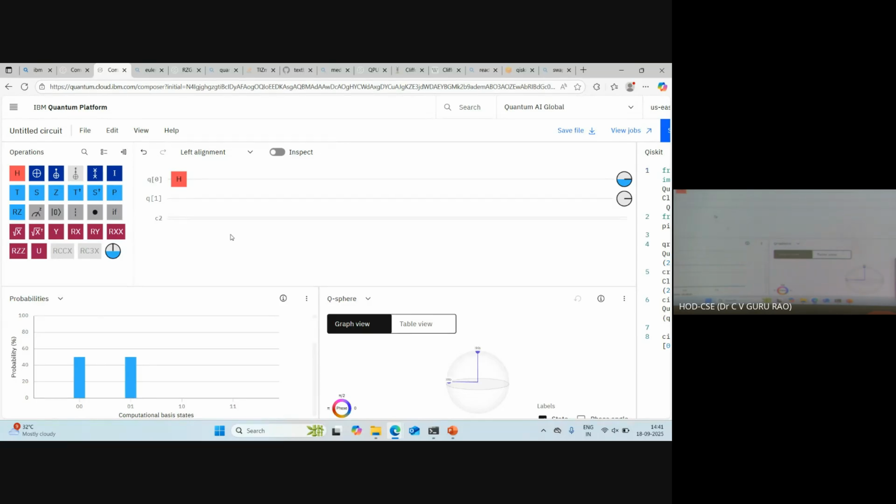Now what is happening over here? If you just focus on this, it is 00, 01, 10, 11. Okay? 10 and 11 are empty because we are not doing anything on Q1. We are just applying a Hadamard gate on the 0th qubit. Now this thing we have to keep in mind: the left-hand side bit is qubit 1 and the right-hand side bit is qubit 0.